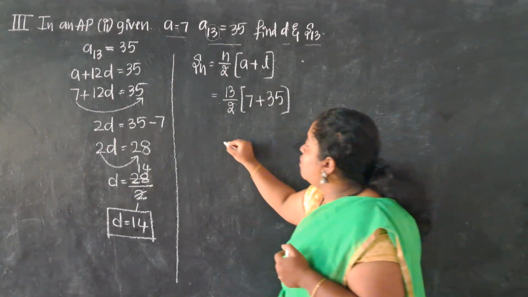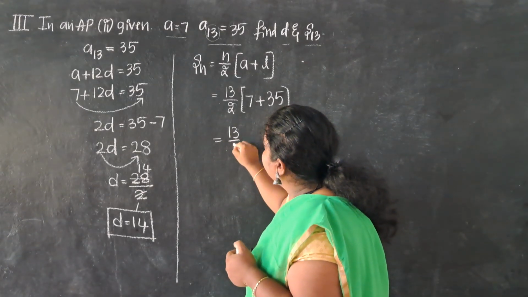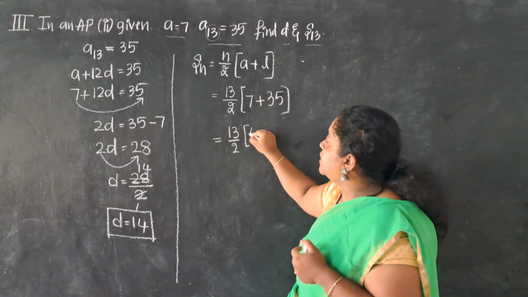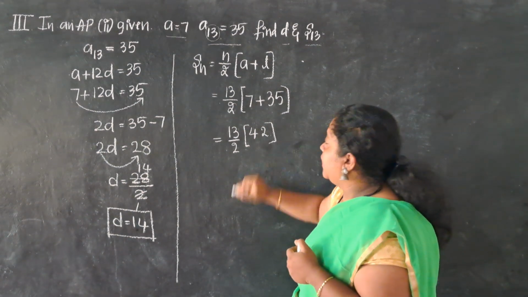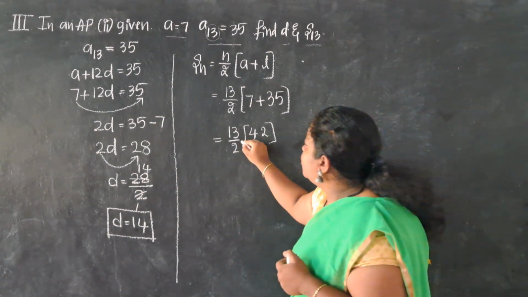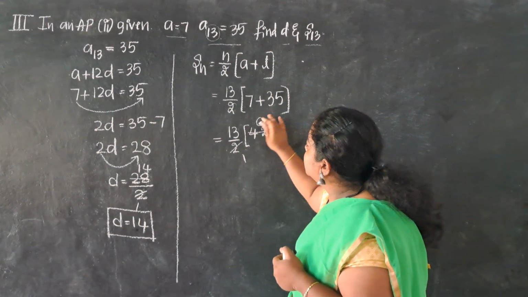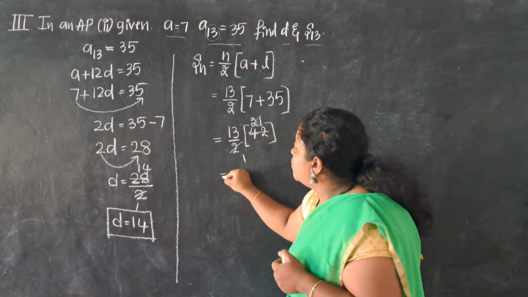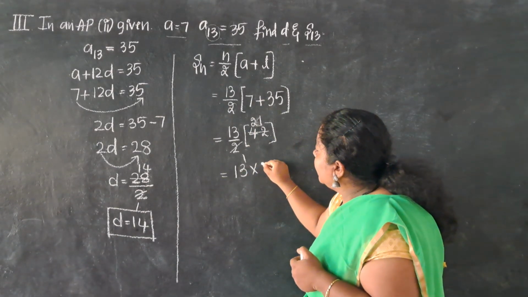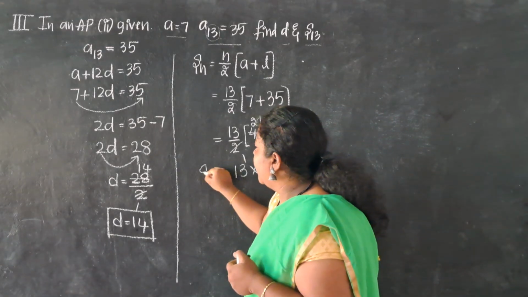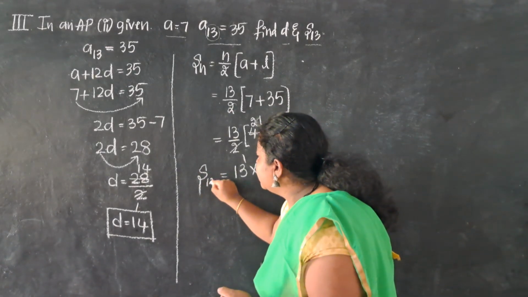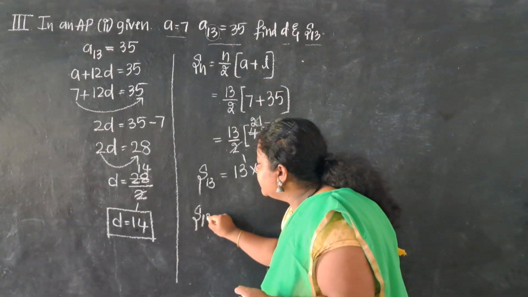Understanding, so now what do I have here? 13 by 2 into bracket 35 plus 7 is how much, dears? Okay, 42. Understanding, 2 ones are 2, 2 twos are 4, 2 ones are 2. So I got here 13 into 21. Understanding, now can I write Sn as S13, dear? Why S13?